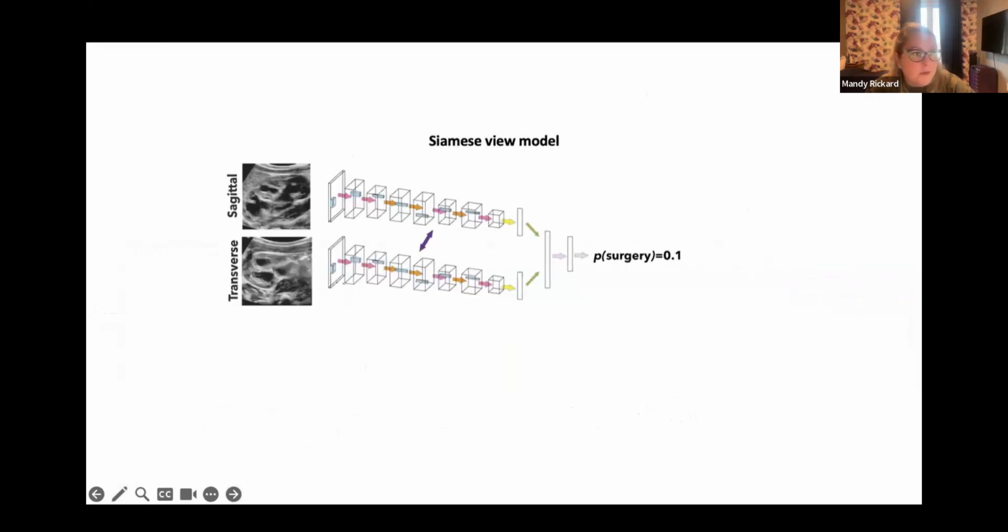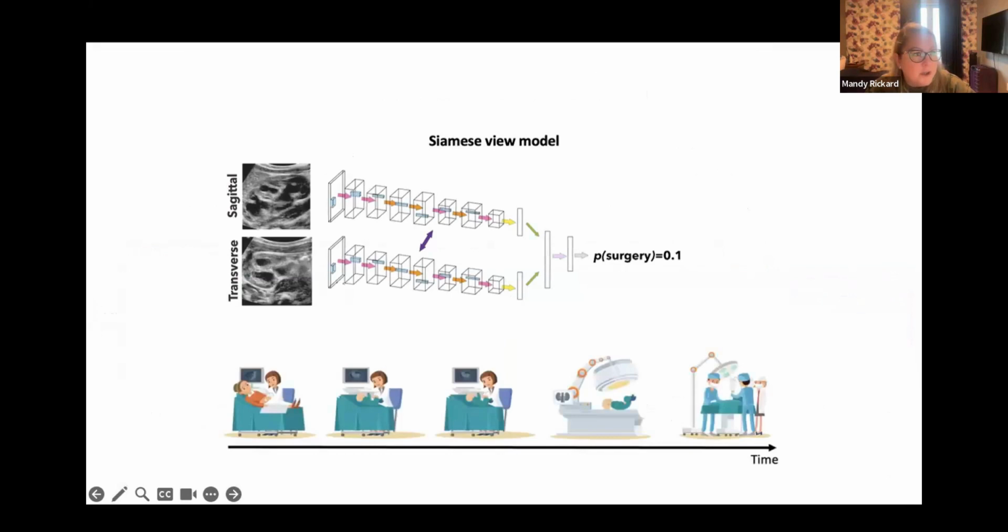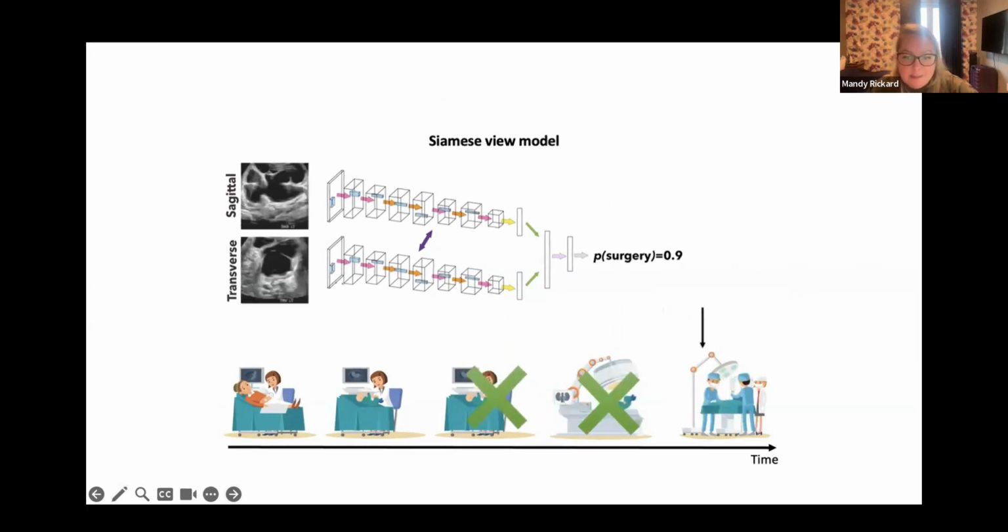So previously, we reported that less than half the patients who underwent invasive testing actually went on to surgery, and this is where we see our model having the greatest impact on clinical practice. Our model has the potential impact to allow monitoring for ultrasound alone for those who are at low risk of surgery, and expediting surgery for the kids who are most likely to need it.